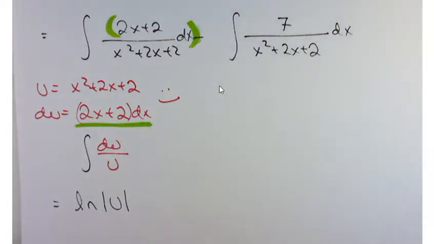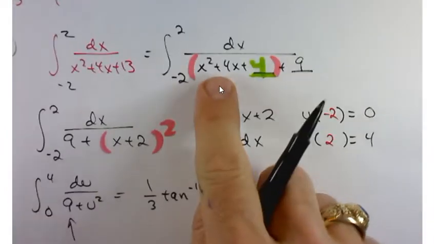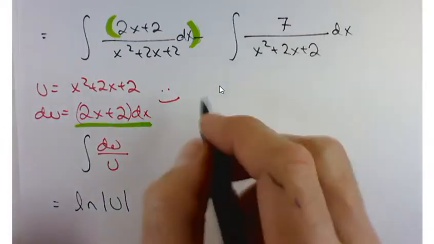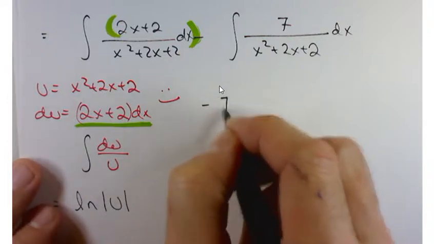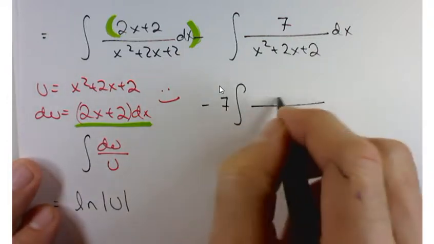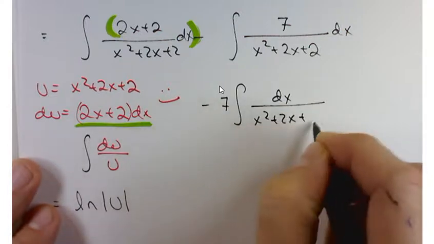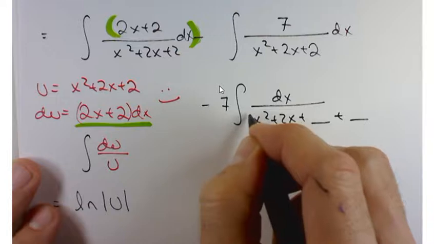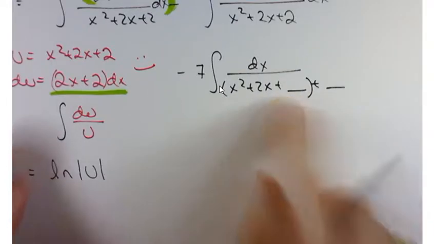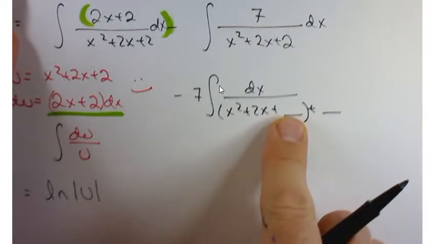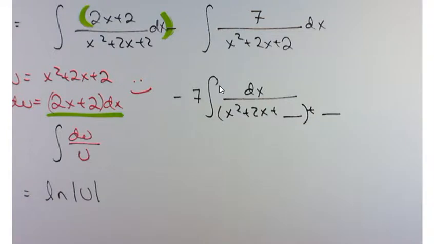Complete the square. It's going to be just like this one right here. So, we'll take the 7 out in front. The integral of dx over x squared plus 2x plus something, plus something. So take a second for yourself and decide what number here completes the square.